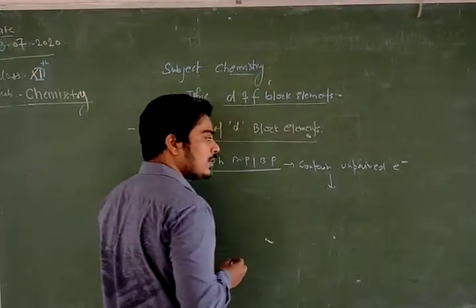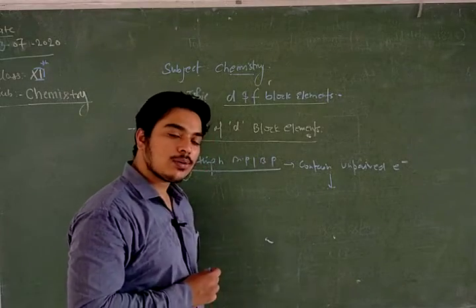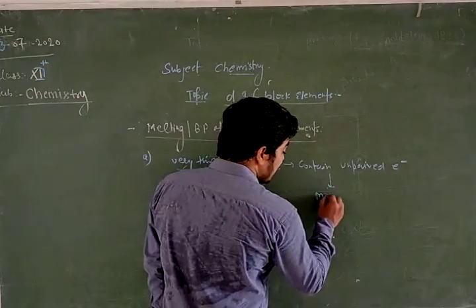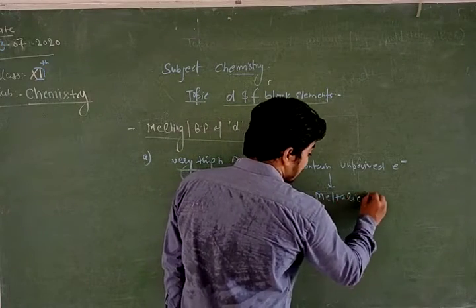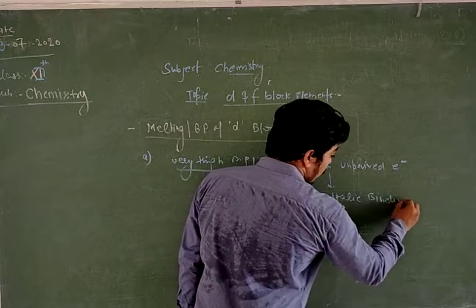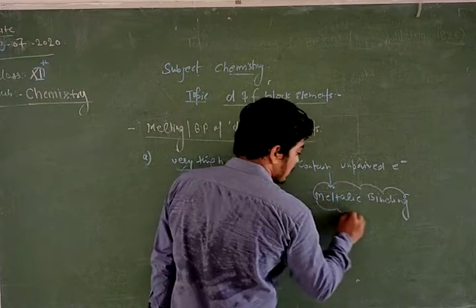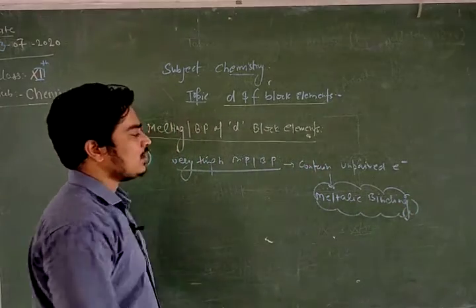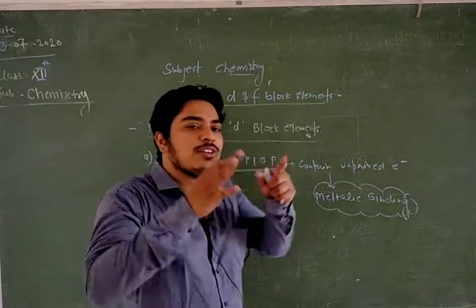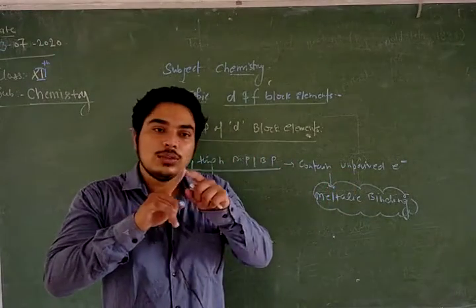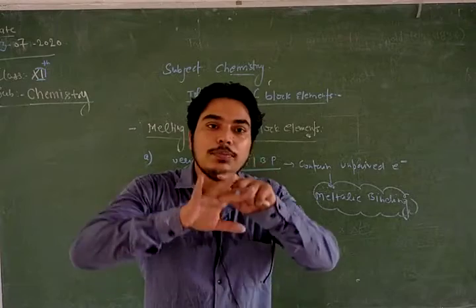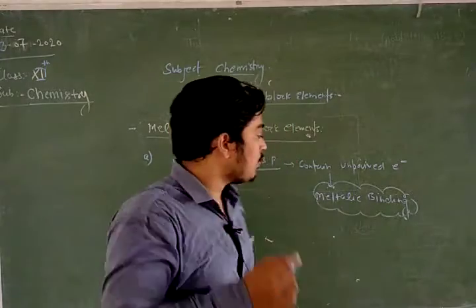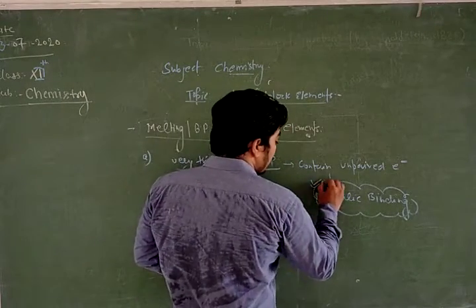So as the number of unpaired electrons increases, the metallic binding nature will come into the picture. Means the more the number of unpaired electrons, those unpaired electrons will be delocalized in the system, and that will form metallic bonding.